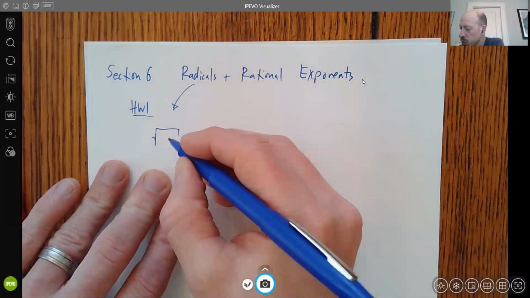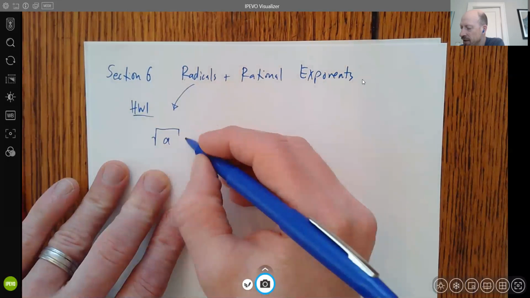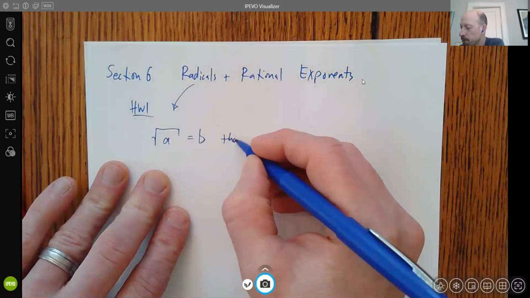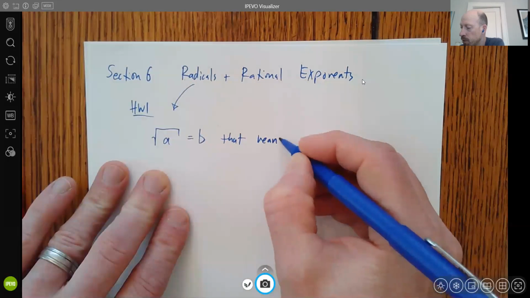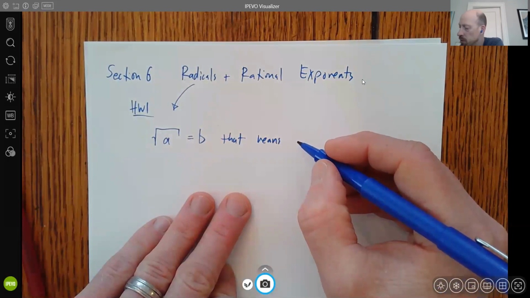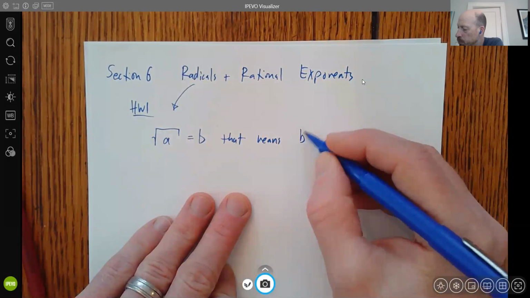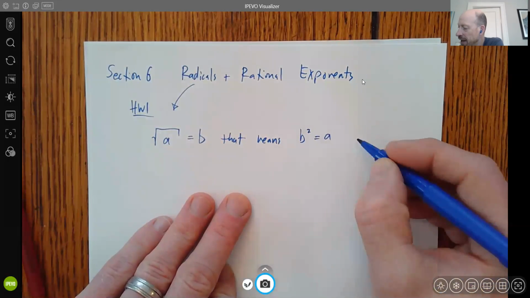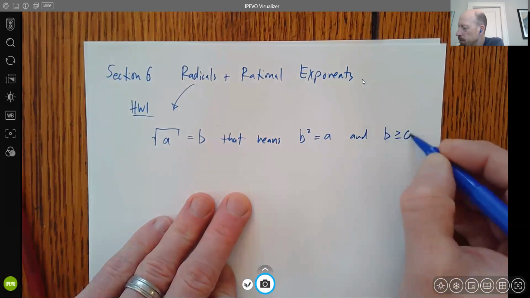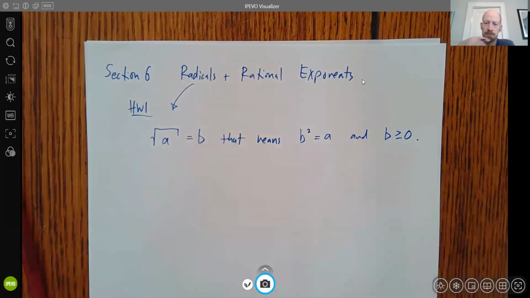If we say the square root of a number a is equal to b, it means two things. It means that b squared is equal to a, and b is positive.